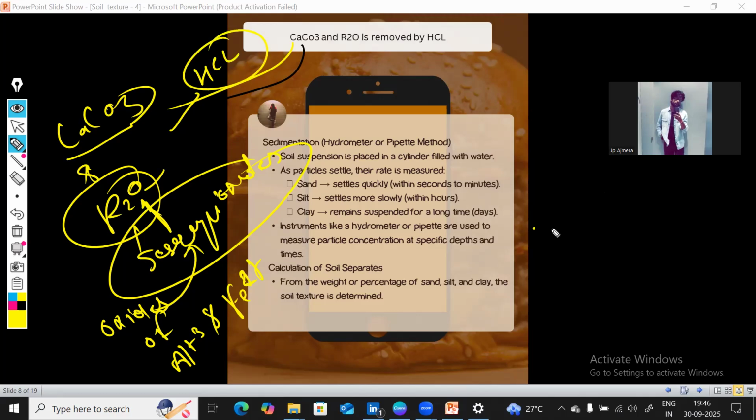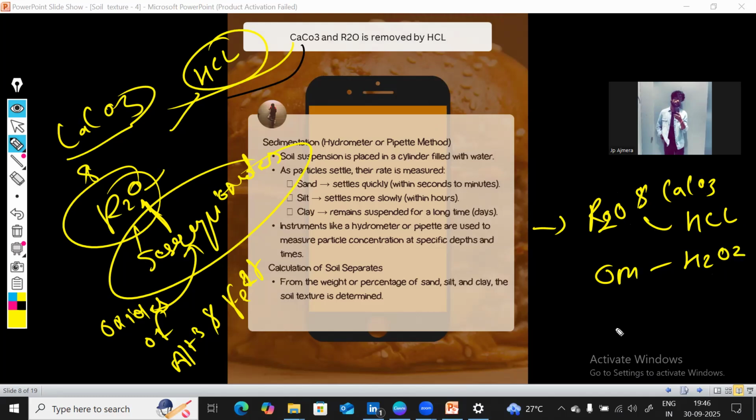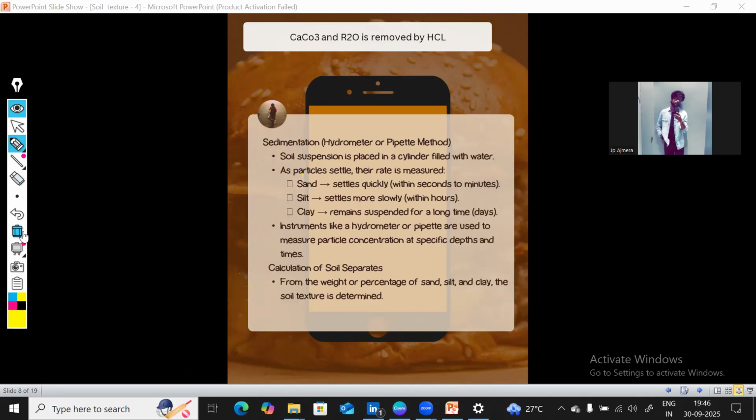Okay, these are the four things we learned. R2O3 or calcium carbonate is removed by HCl. Organic matter is removed by H2O2, hydrogen peroxide. And dispersion is done by sodium Calgon solution. Simple as that. We will not go into the chemical formula. Cool, all things are clear to us.